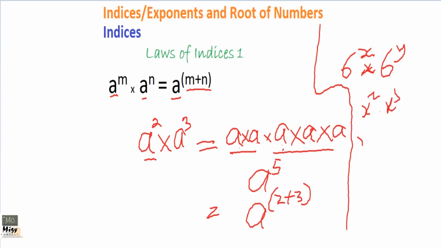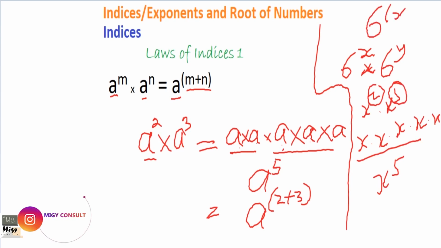So x raised to the power 2 is x times x, and there's a multiplication here times x raised to the power 3 is x, x, x. So you count all together, you get 5. So you get x raised to the power 5, meaning that it was 2 plus the 3. So this one will give you 6 raised to the power x plus y. You get it? Is that clear? That is how you prove. All you needed to know is how to break a single thing down into its factors, or expand an index form into the general multiplication form, and then when you do your simple things, you get your answer.